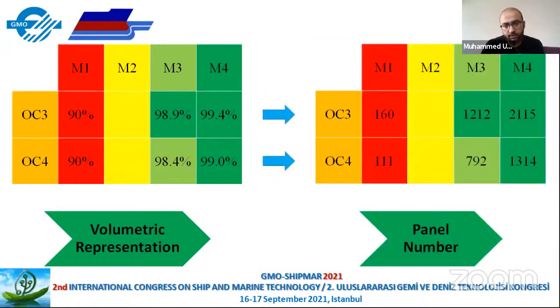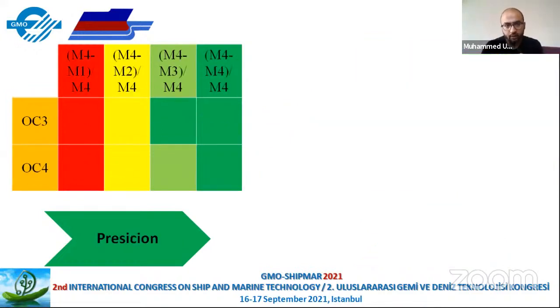By getting better meshes, we have an increased number of panels, and we see that 99% of volumetric representation is achieved with more than 1,000 panels. So we may offer 1,500 as a good goal.